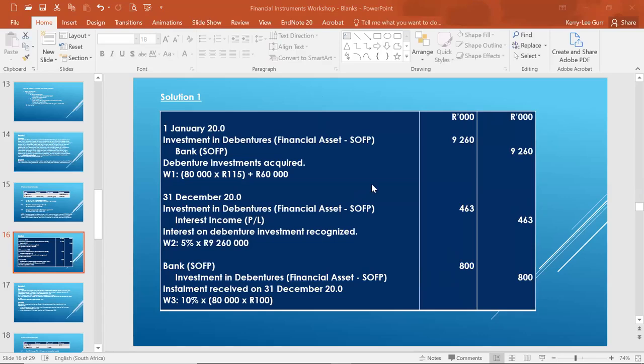Another question that's coming through is asking, is it fine to show the capitalized transactions in a separate journal entry? Yes, you can. You're welcome to do debit investment in debentures with 9,200,000, credit bank with 9,200,000, and then another journal entry saying debit investment in debentures 60,000, credit bank with 60,000. You can absolutely do that. Whatever you are more comfortable with, both will be acceptable.